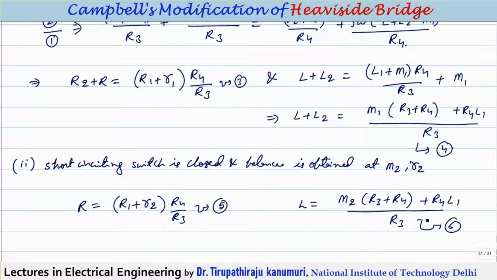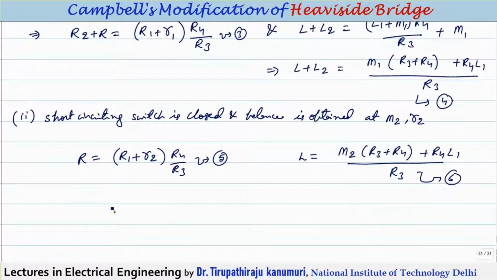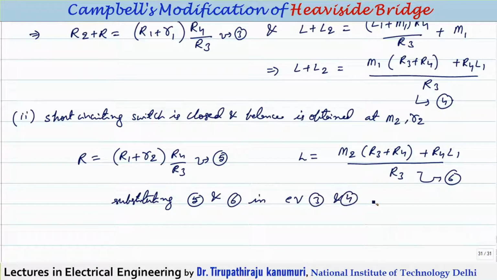Now we are substituting equation number 5 and 6 in equation number 3 and 4 respectively. Equation number 3 becomes R, because R is this one, this is R2.